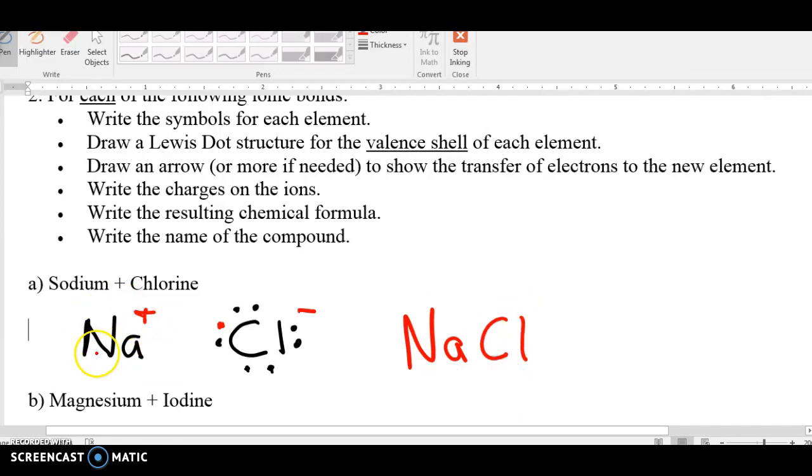Sodium now is empty. That's good. Chlorine is full. Everybody's happy with everything. Now, the last part, what do we call this stuff? The metal keeps its name, sodium. The nonmetal, because it's a negative ion at the end, the anion goes to -ide. That's because it's an anion right off the periodic table.